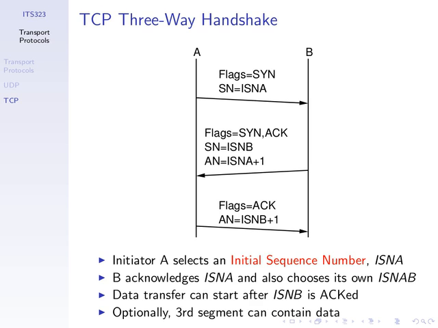If it's going to accept the connection, then it chooses its own initial sequence number, independent of the number chosen by A. They don't have to be related. It stores the number that was chosen by A in memory for later use. And sends back a response.